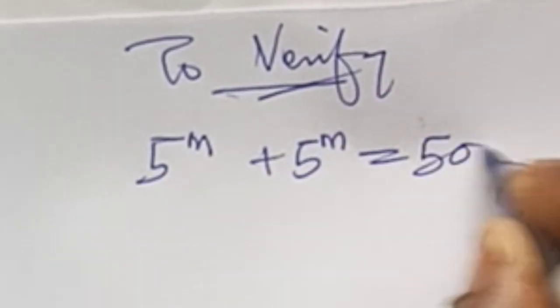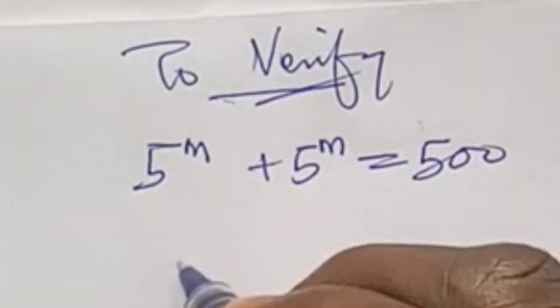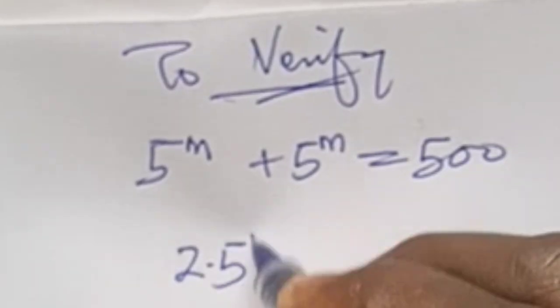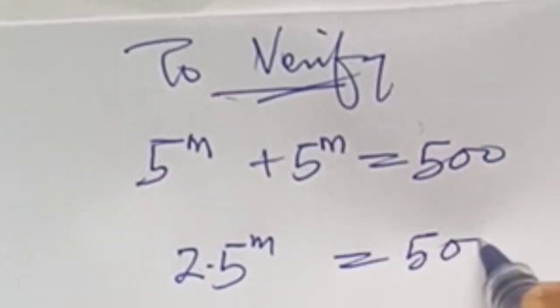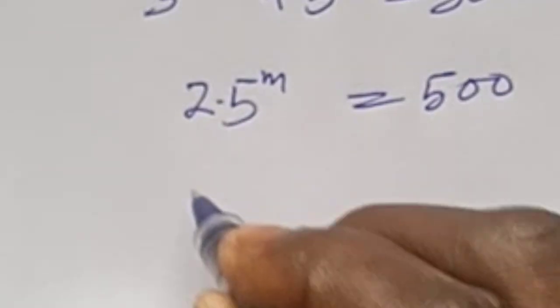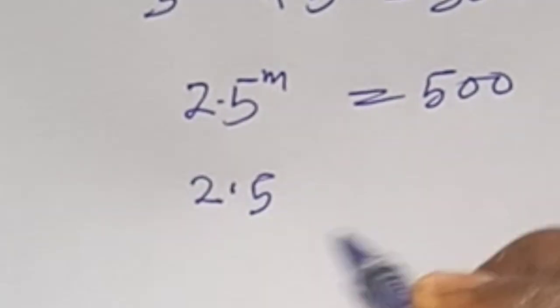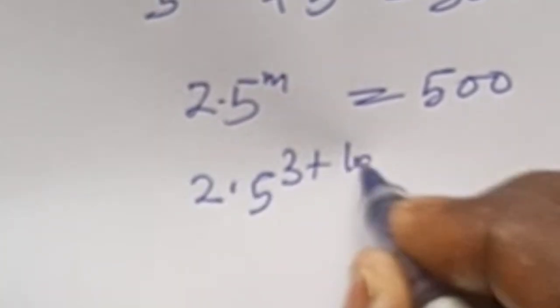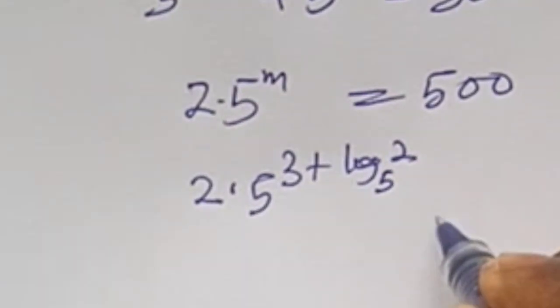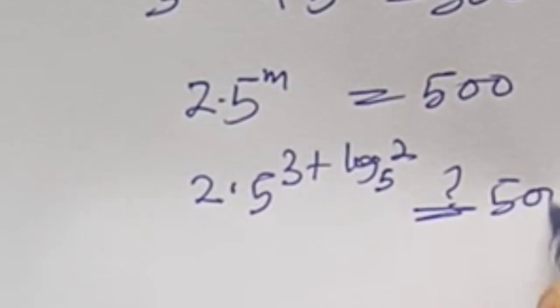And to verify this, let the value of m satisfy the original equation. From the original equation, 5 to the power of m plus 5 to the power of m equals 500, we arrived at 2 times 5 to the power of m equals 500. If we substitute the value of m, it becomes 2 times 5 to the power of 3 plus log 2 base 5. Can this be equal to 500?